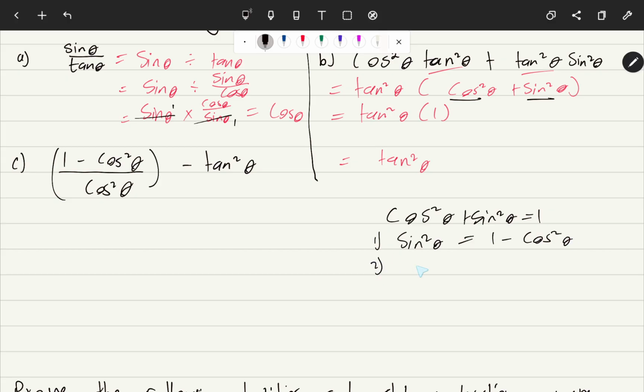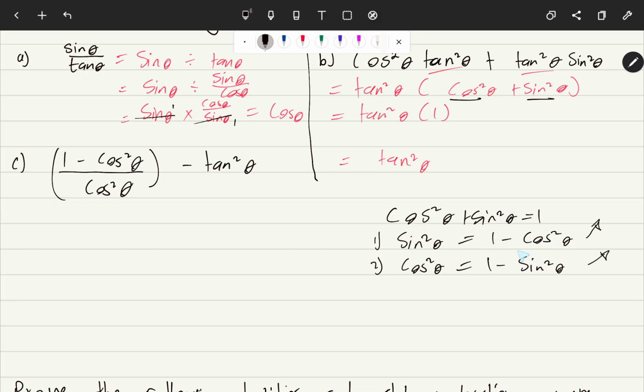We said we could also have cos squared theta equals 1 minus sine squared theta, and you can further simplify this, put square root on both sides, whatever. You could also do the same here. It doesn't really matter.